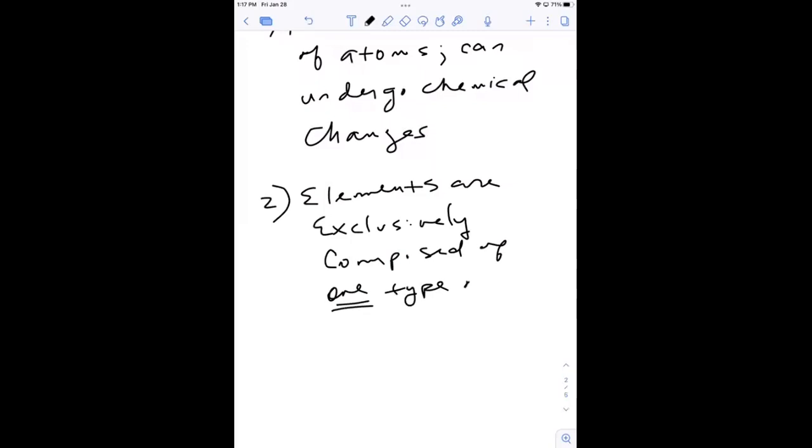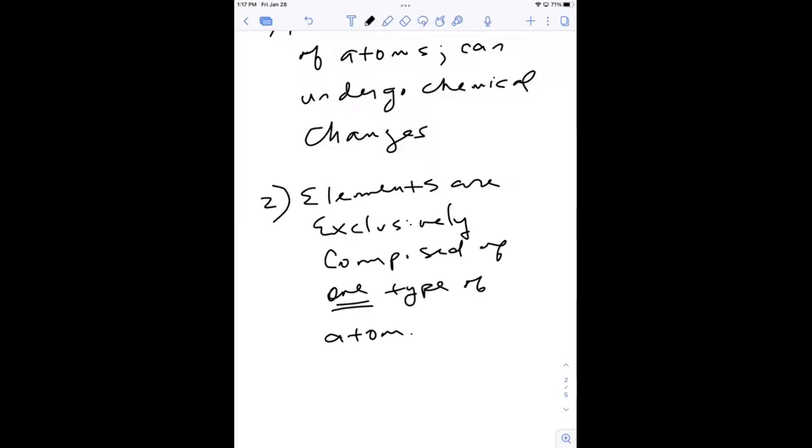Only one type of atom. And because of that, every element has its own specific properties. Because it's only composed of one type of atom, elements have their own properties, exclusive to that element and different from other elements.